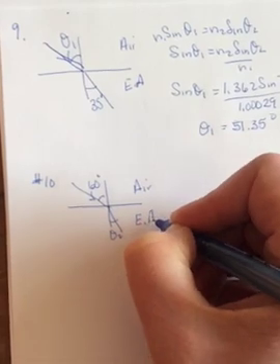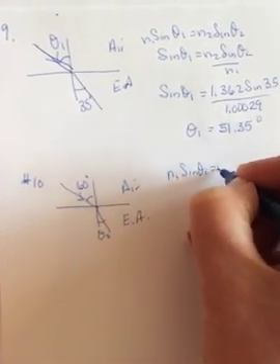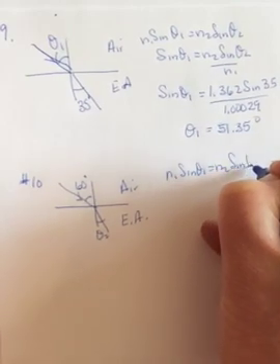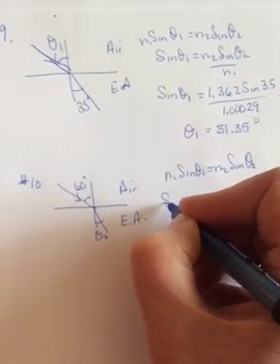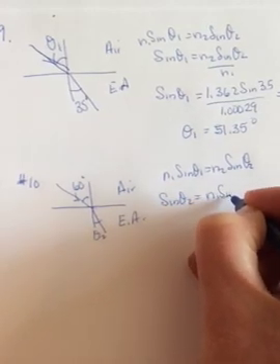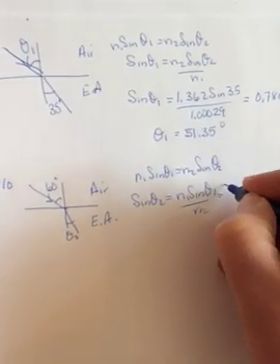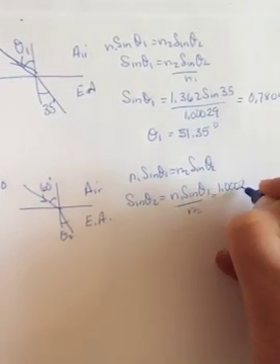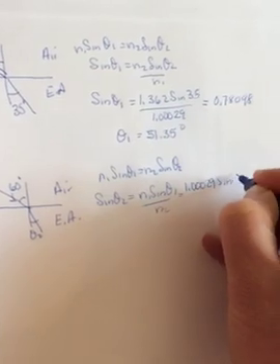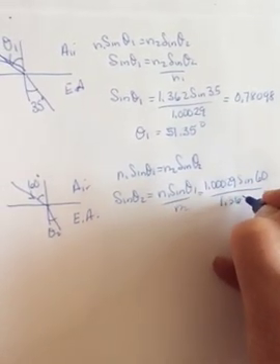and ethyl alcohol. So N1 sine theta 1 equals N2 sine theta 2. This time we're solving for theta 2, so divide both sides by N2. So N1 sine theta 1 over N2. So air, 1.00029 sine of 60 divided by 1.362.